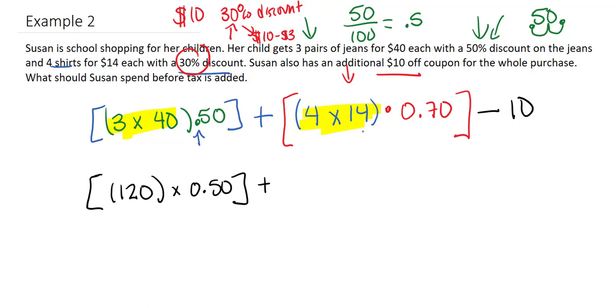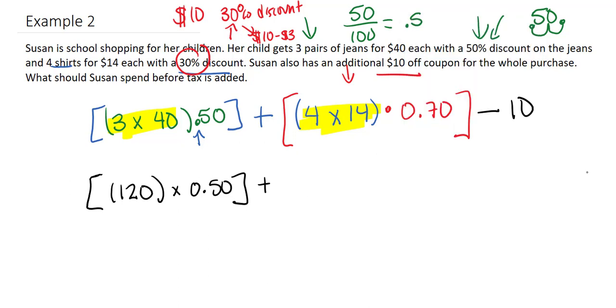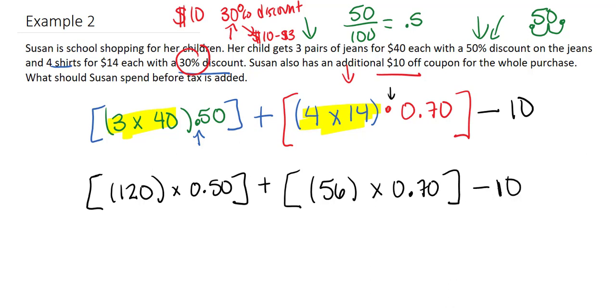Then we have plus 4 times 14, which is 56. Then let's change this so it's the same as the first one, so we have this times 0.70, close the brackets there, and then minus 10. So we've dealt with our innermost parentheses.